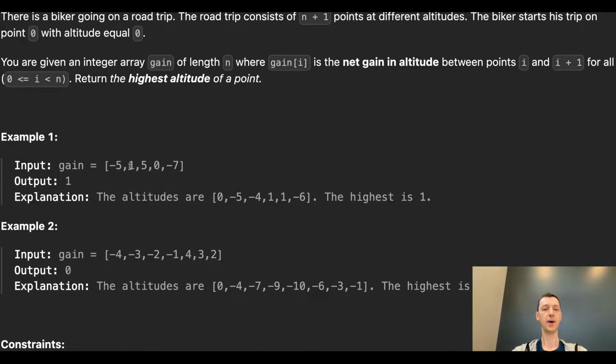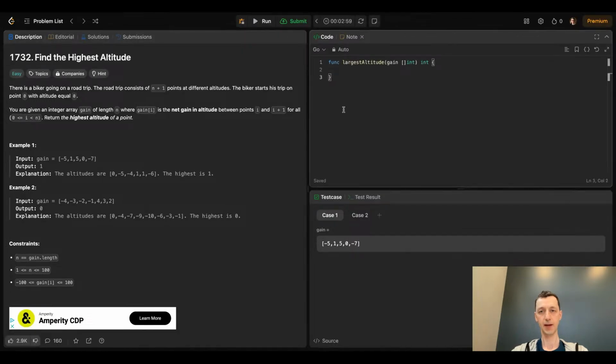Then -5 plus 1. So it looks like what's happening is it was 0, then 0 minus 5, it became -5. Then -5 plus 1 is -4.